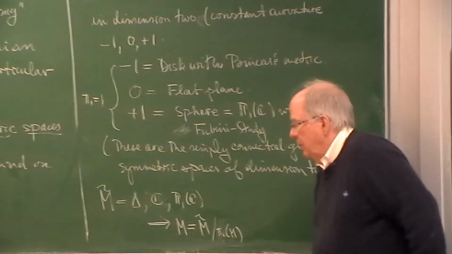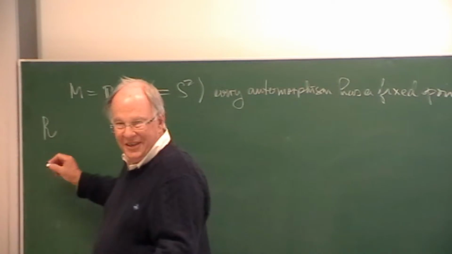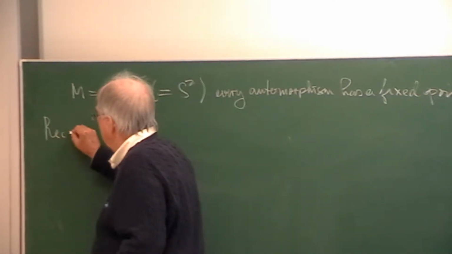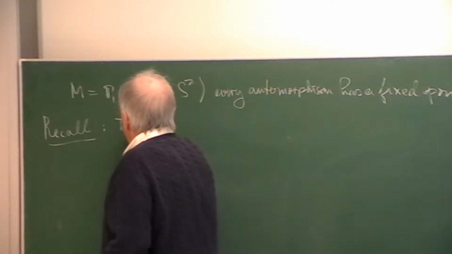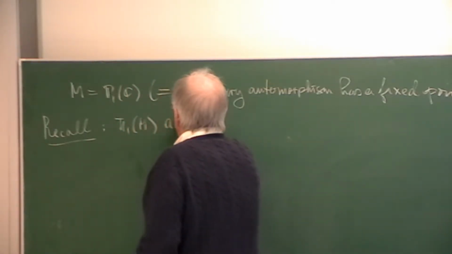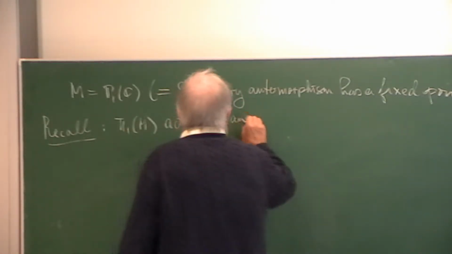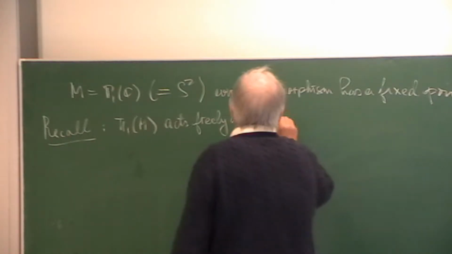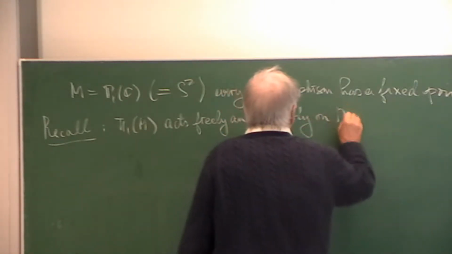So maybe let's, it's good you ask these questions because it's sometimes just notation, right? Recall pi 1 of M acts freely and properly. I'm going to review this notion of proper action on the universal cover.